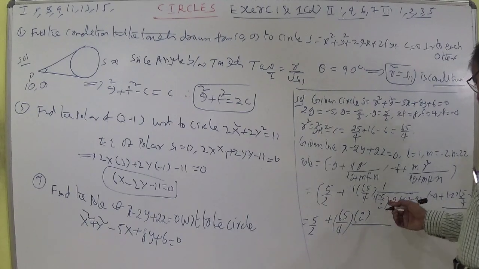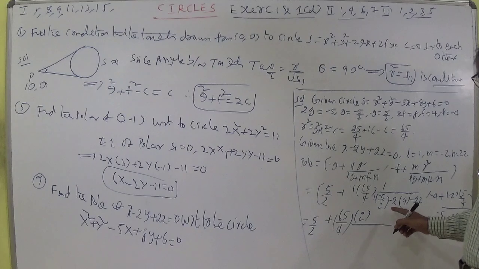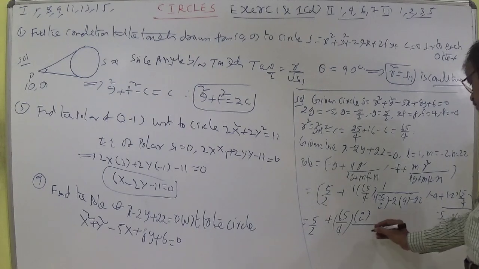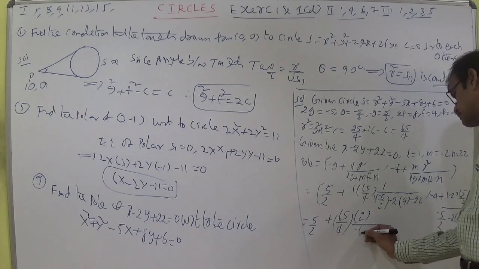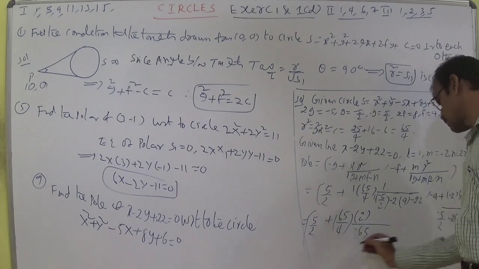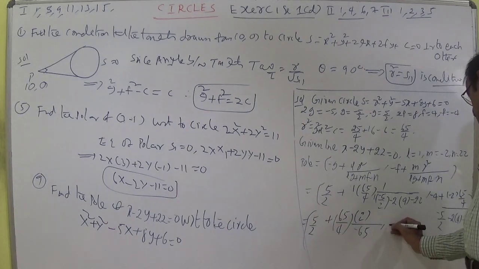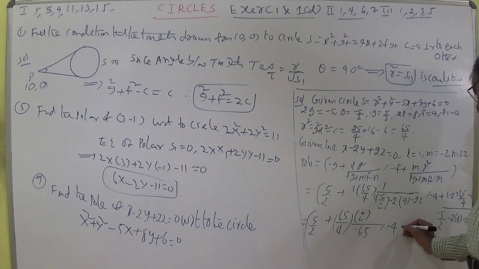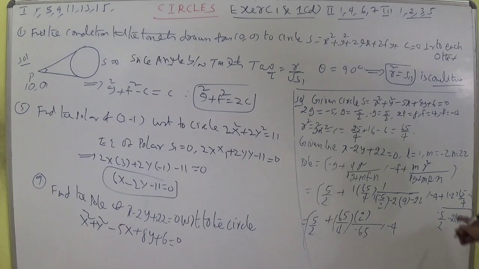So here you can write 2 taken that side, 65 becomes -65, comma, you can write here -4. In the same way, you can cut -2 and 2. -4 plus -2 into 65/4 into the 2 LCM, and similarly this is -65.